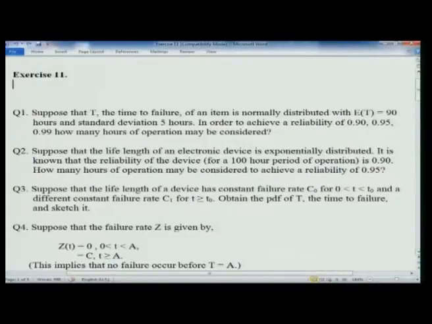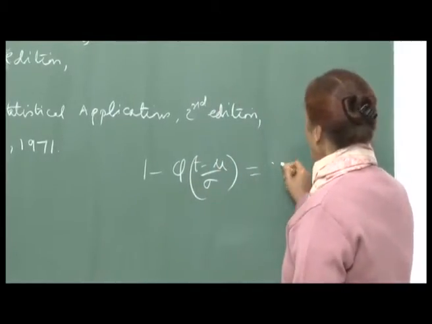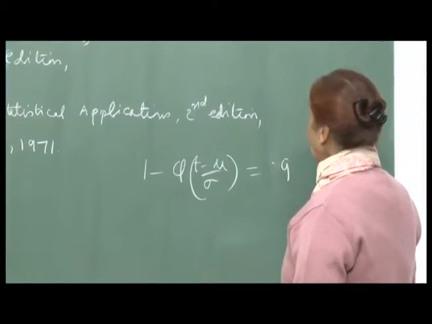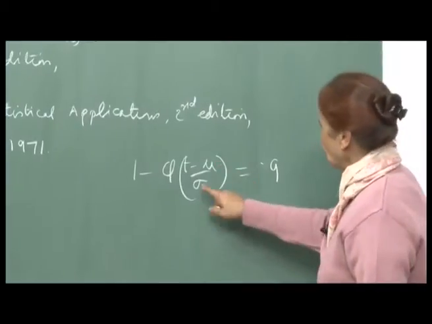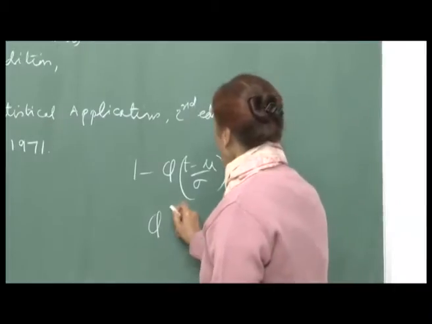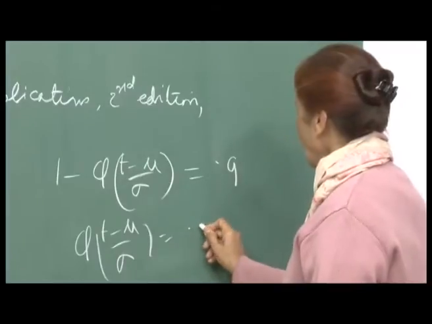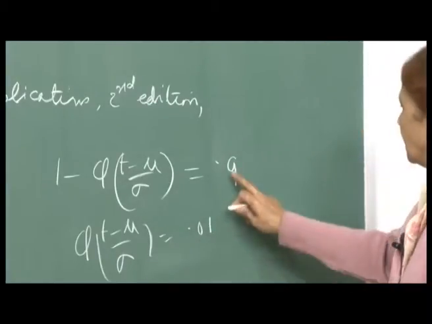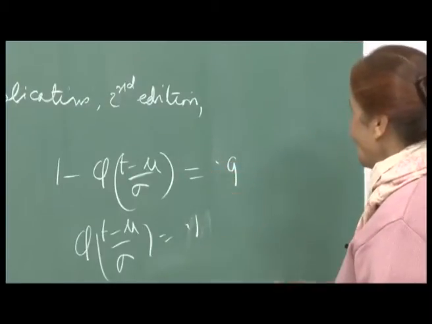Now, you know the reliability function. This is 1 minus phi of (t minus mu) upon sigma. So, if for example, you put it equal to 0.9, mu is given to you, sigma is also given to you. From the normal tables you are looking for phi of (t minus mu) upon sigma, as I have done in problems with you, equal to 0.1, since 1 minus 0.9 is 0.1.